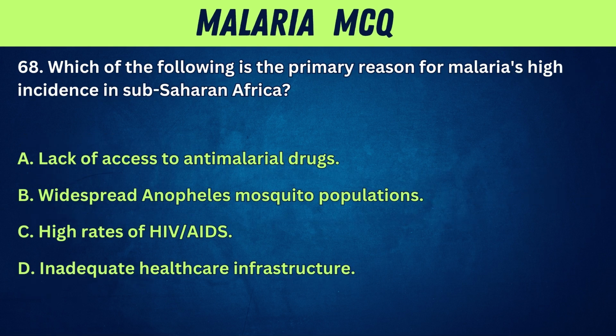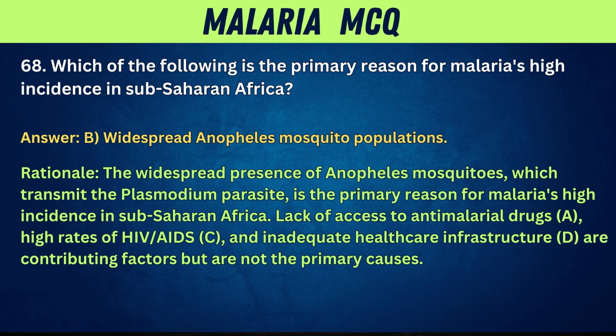68. Which of the following is the primary reason for malaria's high incidence in sub-Saharan Africa? A. A lack of access to antimalarial drugs. B. Widespread Anopheles mosquito populations. C. High rates of HIV/AIDS. D. Inadequate healthcare infrastructure. Answer: B. Widespread Anopheles mosquito populations.